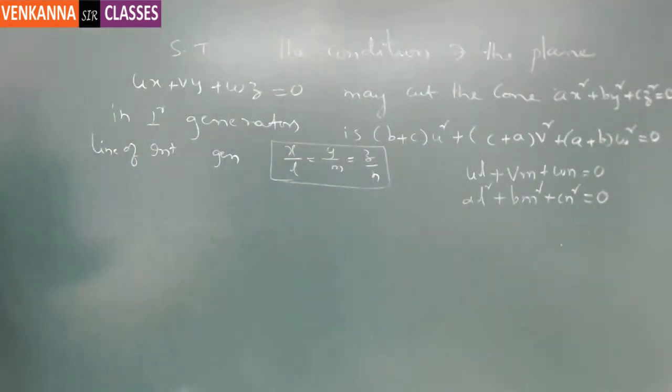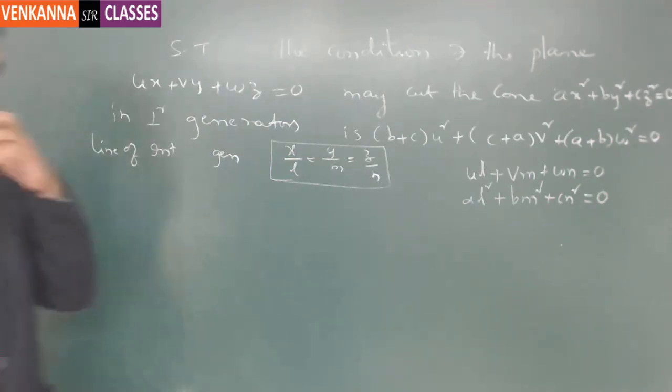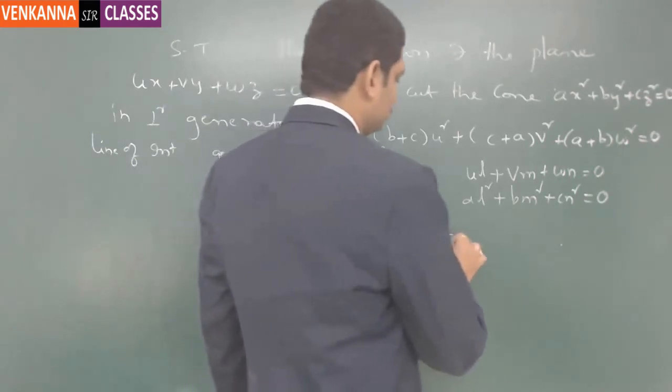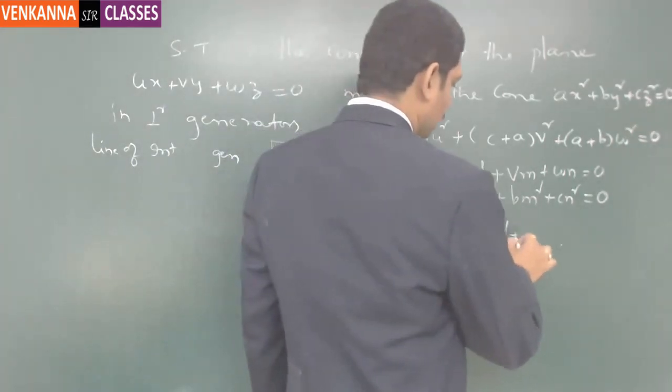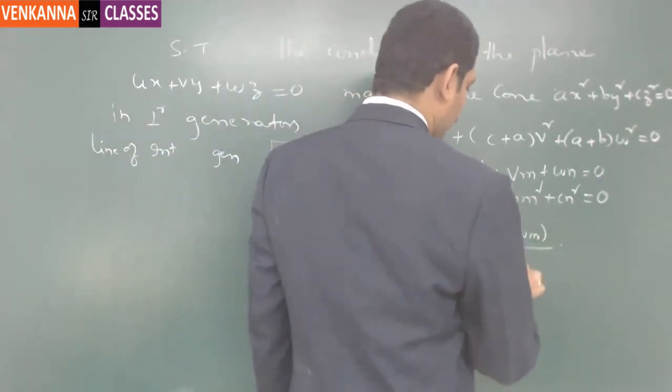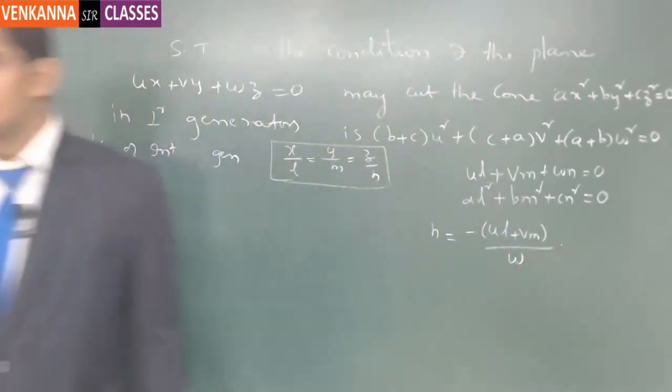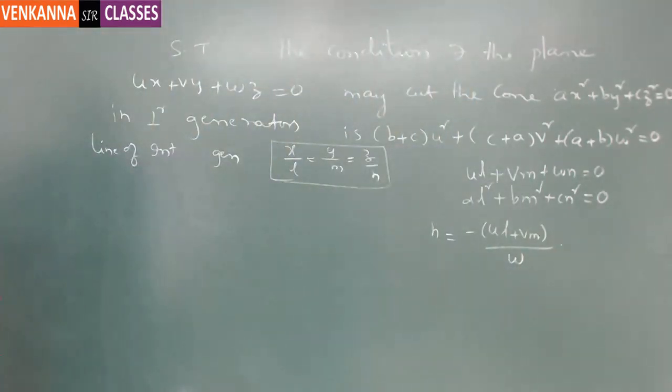So from the plane equation, you can eliminate any parameter. If you eliminate the parameter n, then you have n is equal to minus of (ul plus vm) by w.